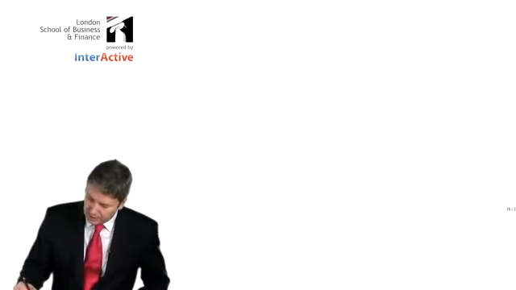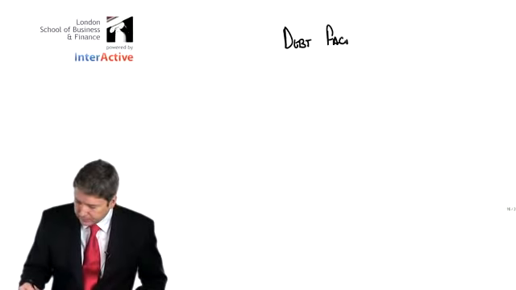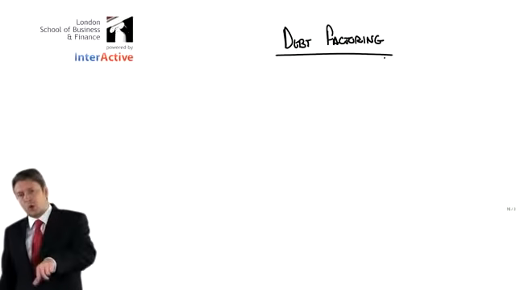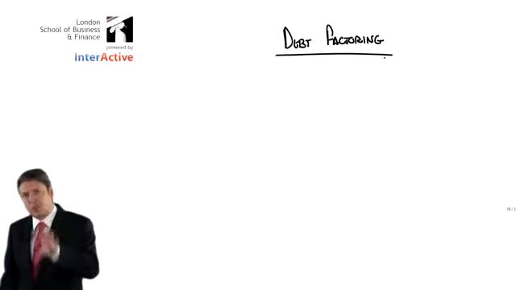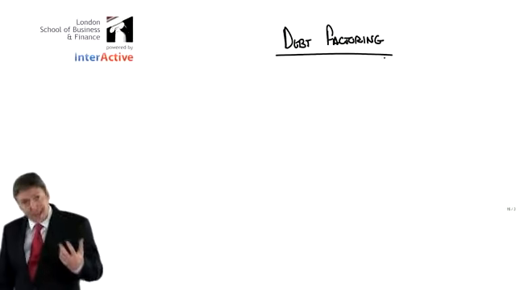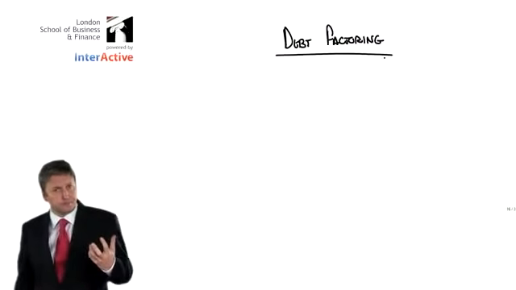What we now want to look at is debt factoring. Because debt factoring also could be incorporated in this sort of computational area. Before we do any of the numbers, however, let's just establish what debt factoring is.